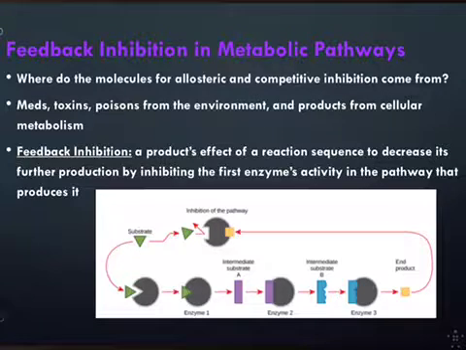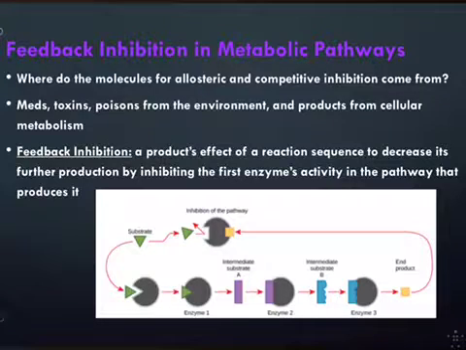So the first three, the meds, the toxins, and the poisons, that's all just bad luck stuff usually. If there's a toxin in your body, it's probably going to be an inhibitor, a competitive inhibitor, or something that changes how fast the reactions are happening in your body.